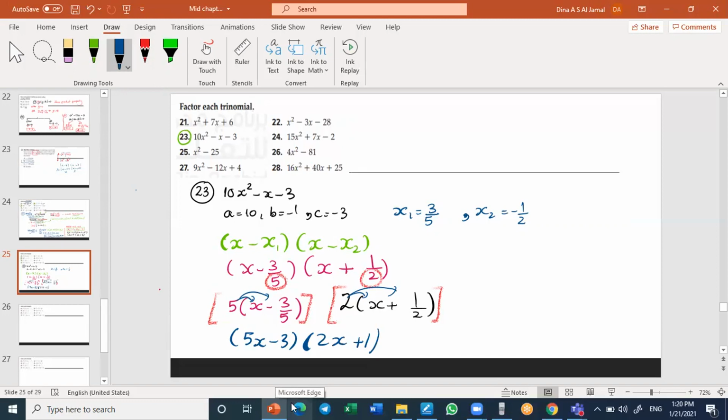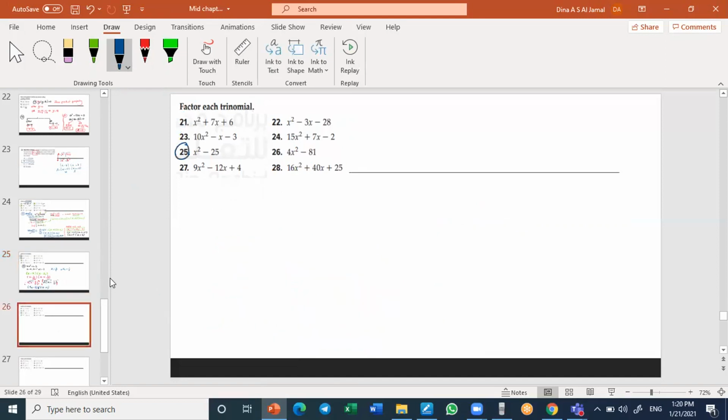That's it. So pay attention whenever you are solving such a question that you need to get rid of the denominator, because sometimes in the multiple choice he will not be giving you fractions. Good. So we did questions 21 and 23. Let's see what are the other questions that we can do.